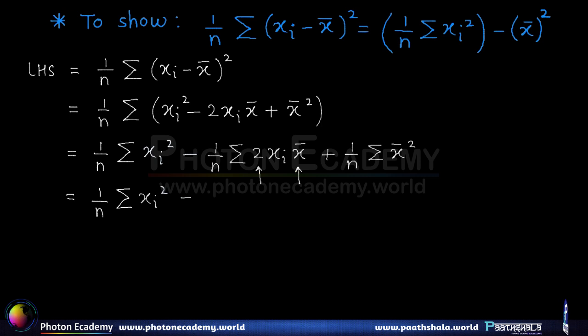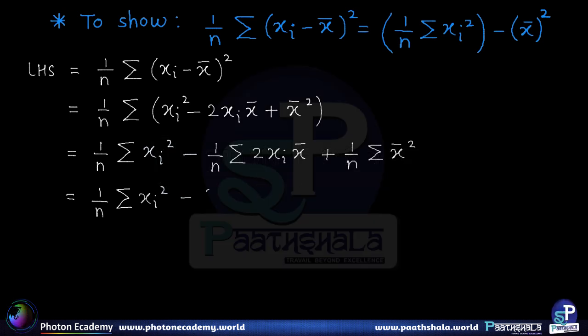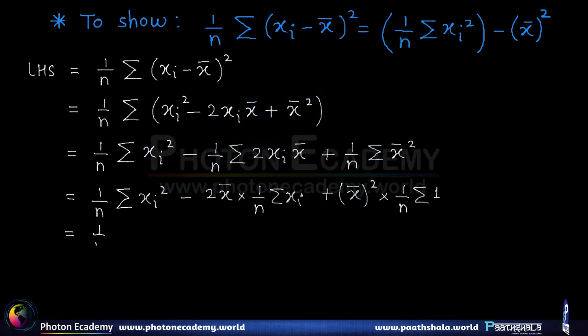So we will take 2 and x bar outside the summation, and we will have 2 x bar into 1 upon n summation of xi, plus, similarly, x bar square will also be treated as a constant, so we will have x bar the whole square into 1 upon n summation of 1, where the 1 remains inside the summation. So this is equal to 1 upon n summation xi square, minus 2 x bar.